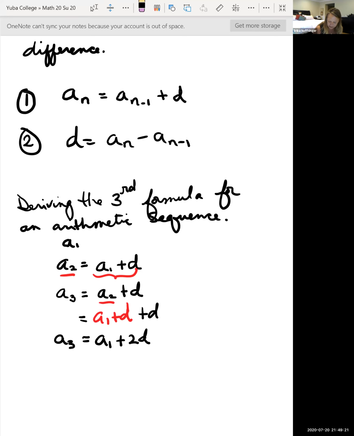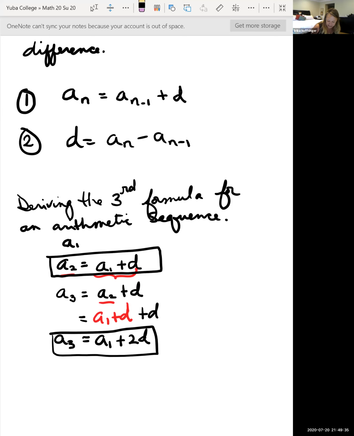So I'm going to box these because we're going to come back to them. It's going to be helpful to see a pattern going on. So we have a sub 1, we have a sub 2 is a sub 1 plus d, a sub 3 is a sub 1 plus 2d. A sub 4, well, this would be, by definition, the term right before it, a sub 3 plus d. But we know what a sub 3 is from up here.